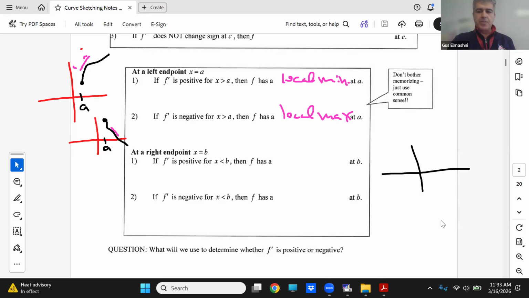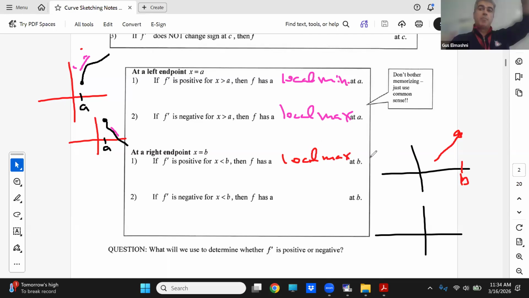Now let's look at right endpoints. What if we're over here? That's B. Right before I get there, my derivatives are positive. That's the local max because we're rising up to it.